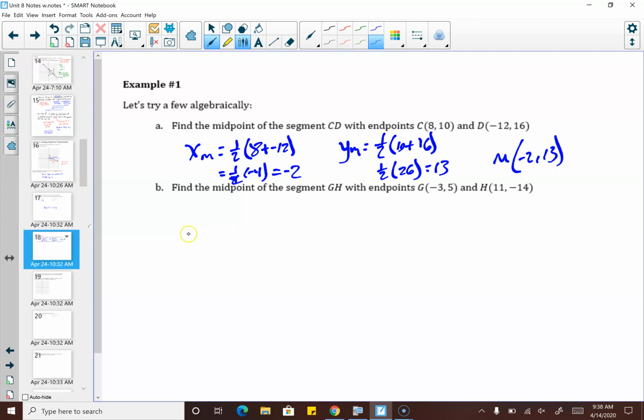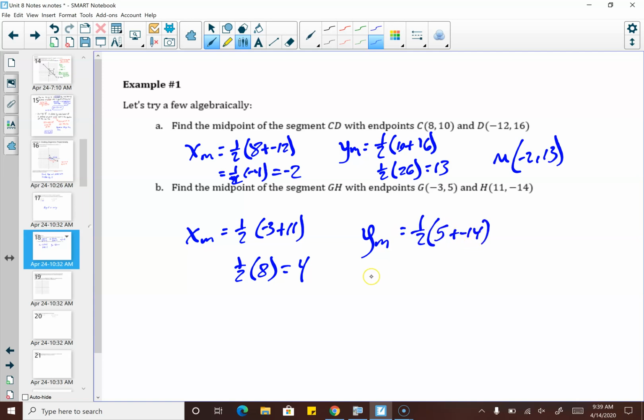And on the bottom, we'll do the same thing. Our x midpoint is half of -3 plus 11. -3 plus 11 is 8, and half of 8 is 4. And then for our y midpoint, we would be half of 5 plus -14.